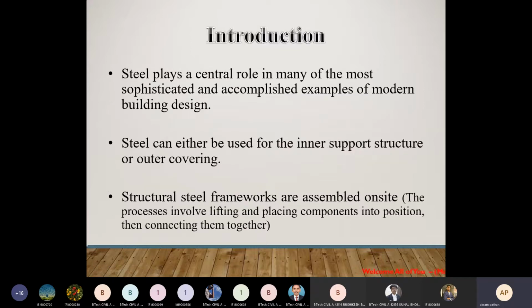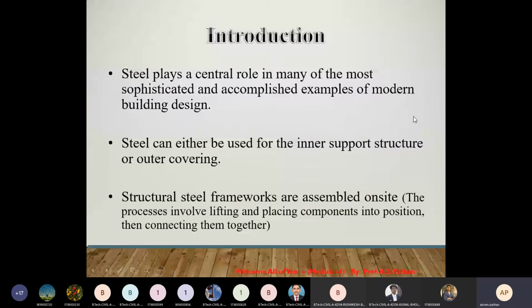As far as steel construction is concerned, steel plays a central role in many of the most important structures such as skyscrapers. So structural steel members can be used to build, you can say, industrial structures. Okay, so if you want to construct an industry, whatever roof trusses will be there are made with the help of steel.